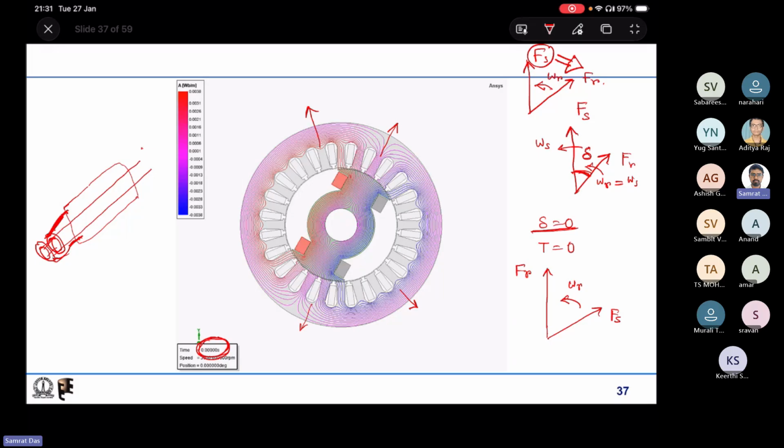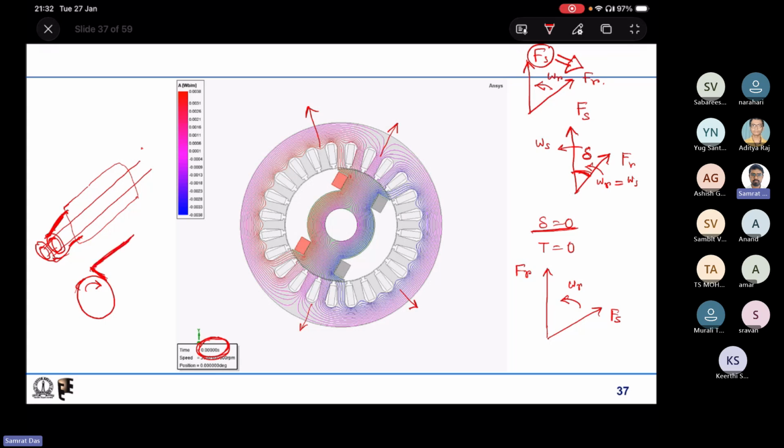Now, this is the outer surface of the ring, and we can always connect some mechanism, something like this, which is always touching the ring. So although the ring is rotating, there is always some contact here, and this can be taken out.